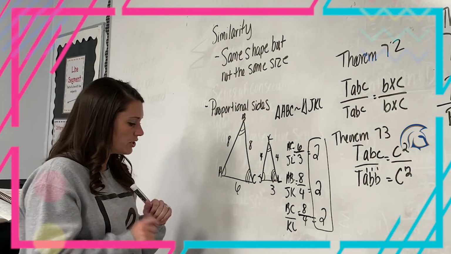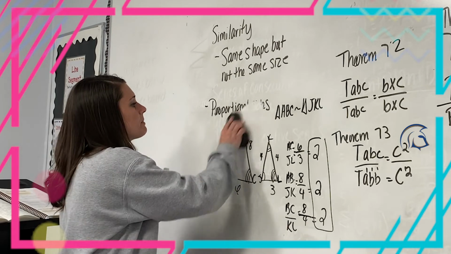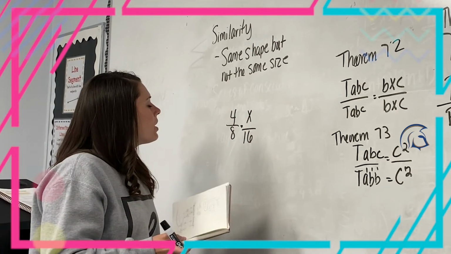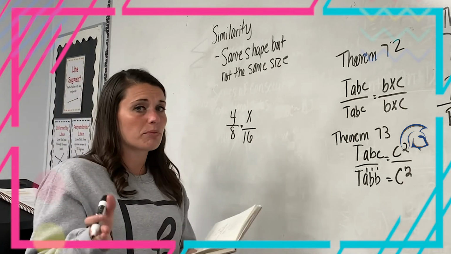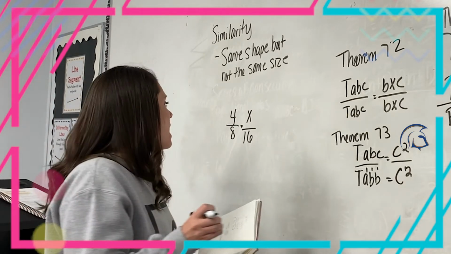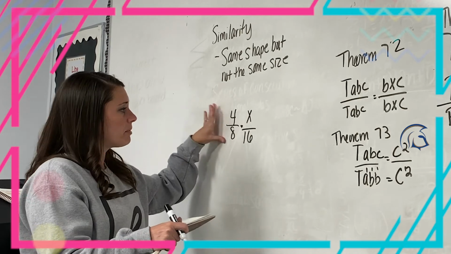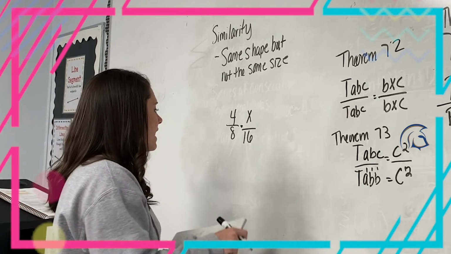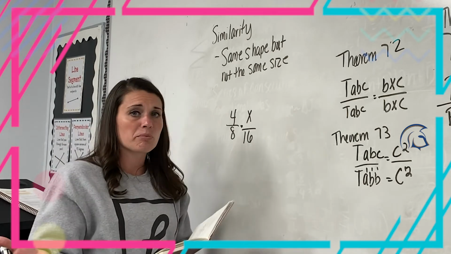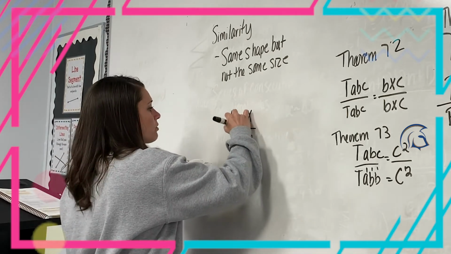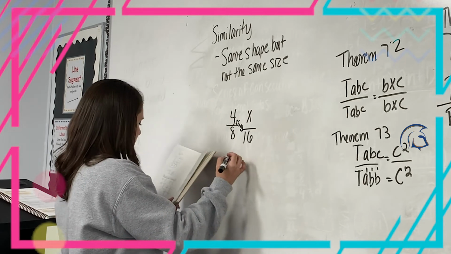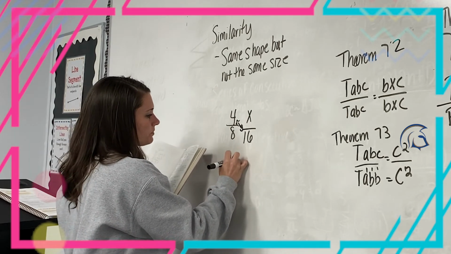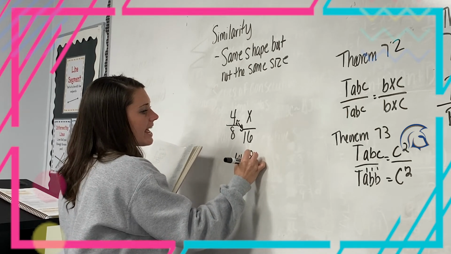Now, I do want to go over some examples of proportions. You can solve for a proportion very easily if you have 3 of the 4 values. So of course you set up a proportion like this, you're going to cross multiply, and that is going to give you 64 equals 8x.